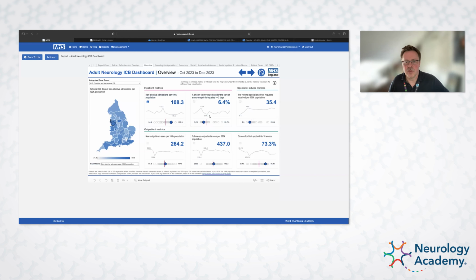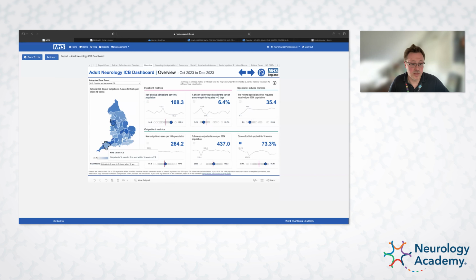If you want to change what's showing on the heat map, you can do that either by this drop-down box here, or when you're on the actual card here, if you just click the map icon there. So this is now for percentage of patients seen within 18 weeks for an outpatient appointment.